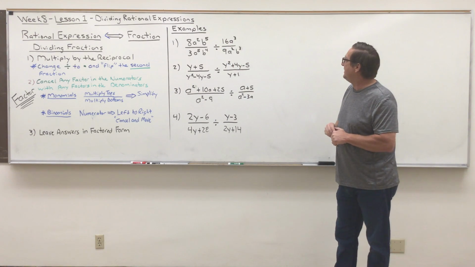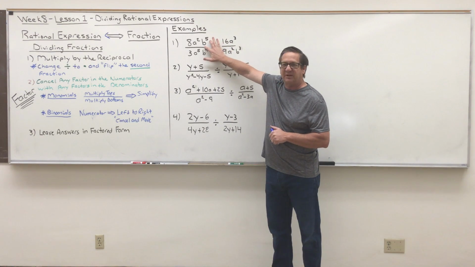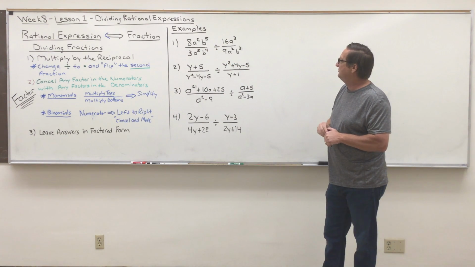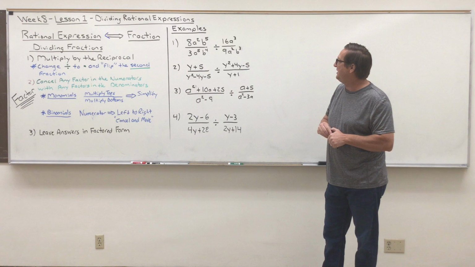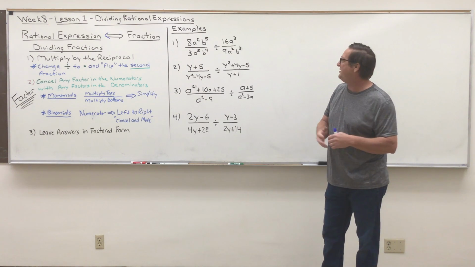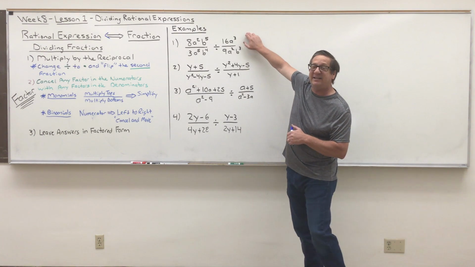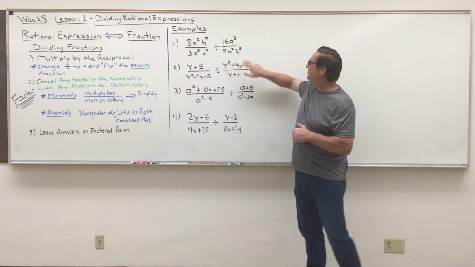Example 1 is monomials. I have 8a squared b to the 5th over 3a to the 5th b to the 4th, divided by 16a cubed over 9a squared b cubed.